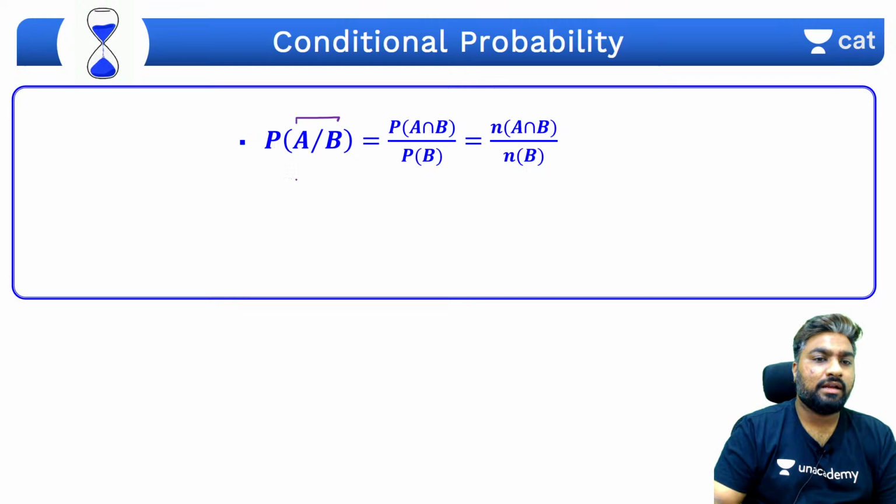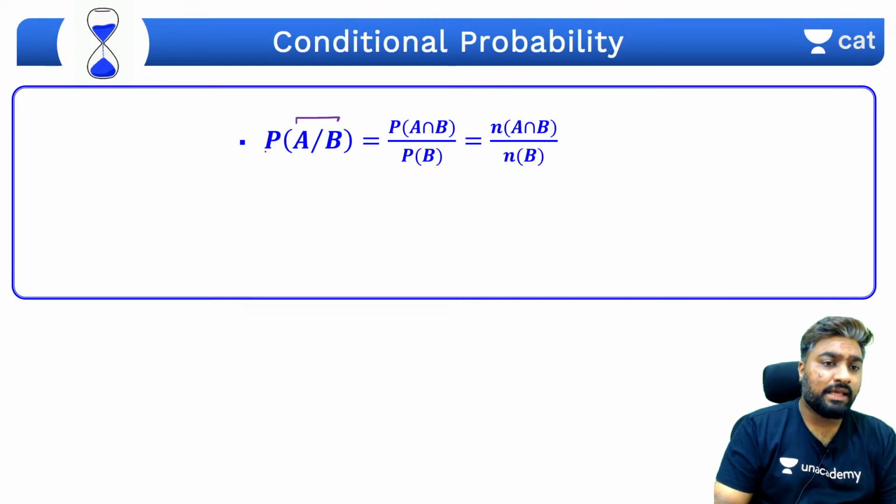What does it mean? It means the probability of B when A is done. Probability of B when A is done is what? Probability of A intersection B upon probability of A, which will be nothing but the number of terms in the intersection of both the events upon the number of terms in the individual event.